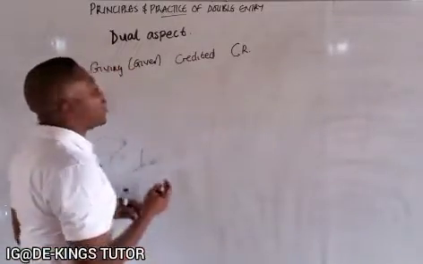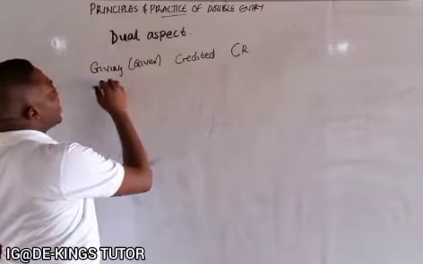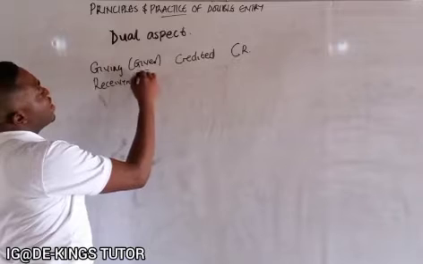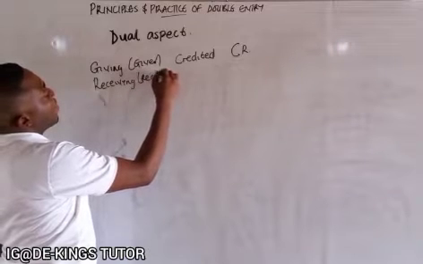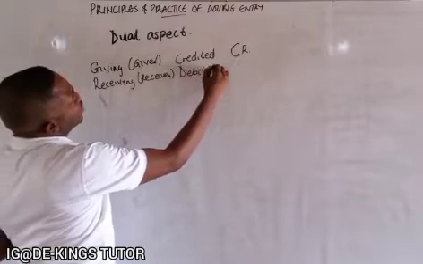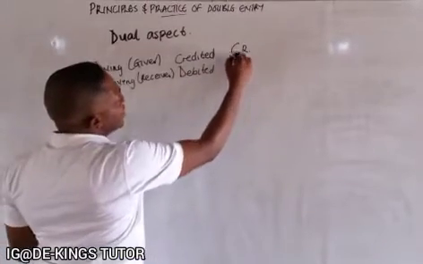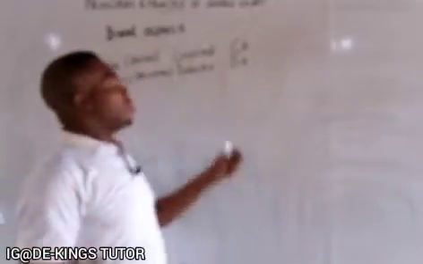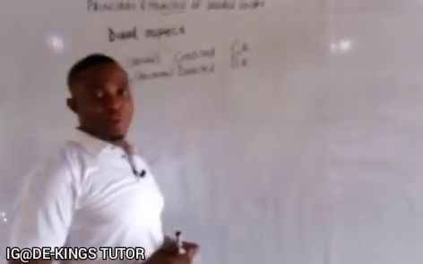Okay? While the other person that receives from the person giving is the receiver, and the account is to be debited. We call it debited. It is written in short form as DR, not doctor. This is DR as in debited.